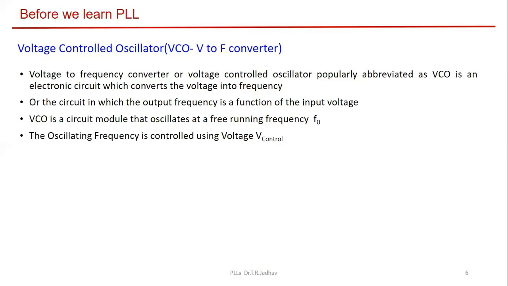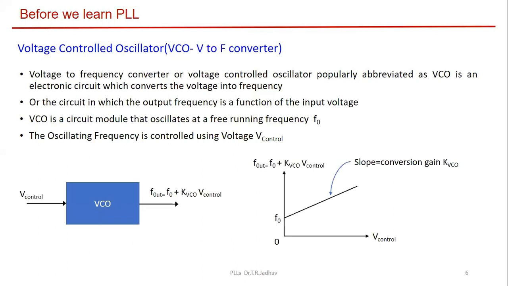Now with the help of an external control voltage, we intend to change this oscillation frequency. How do we do that? Here is the block diagram. As you see here in the VCO output equation, output frequency is equal to free running frequency plus the transfer function of the VCO, or we call it the gain of the VCO, multiplied by the control voltage.